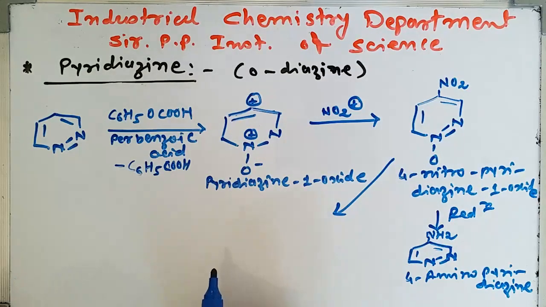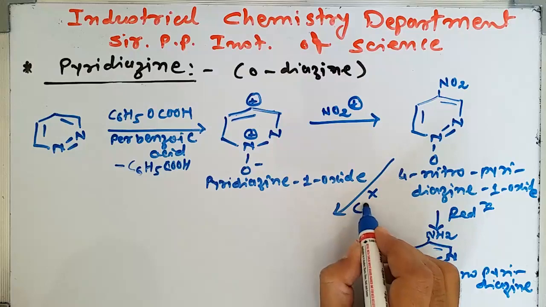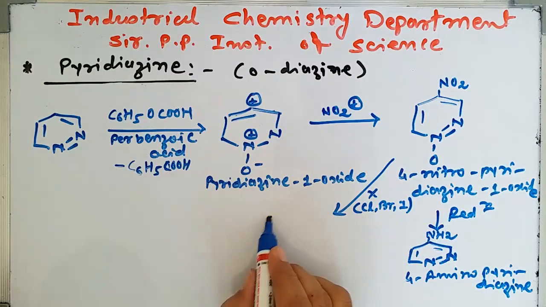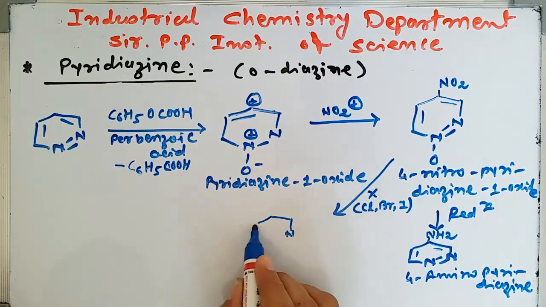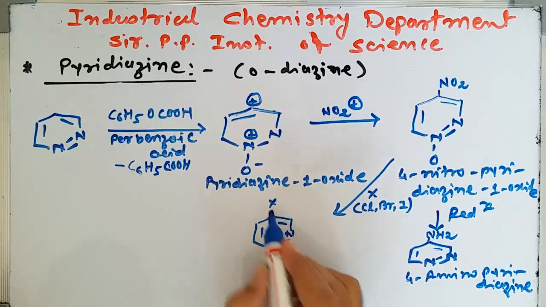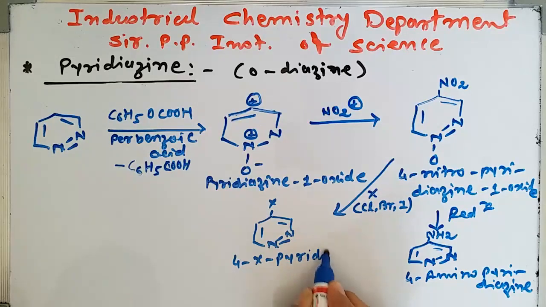And if halogenation takes place with chlorine, bromine, or iodine, we get 4-halopyridazine.